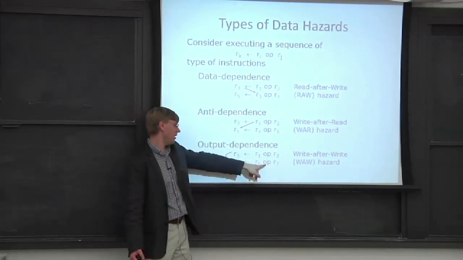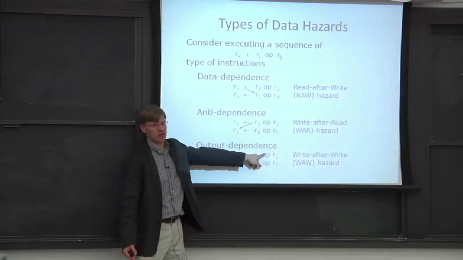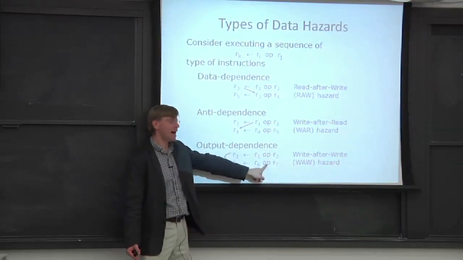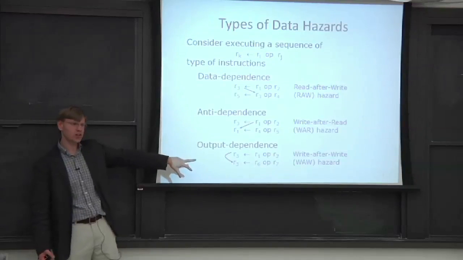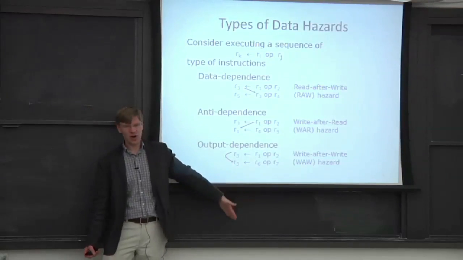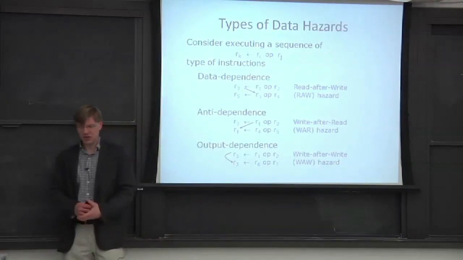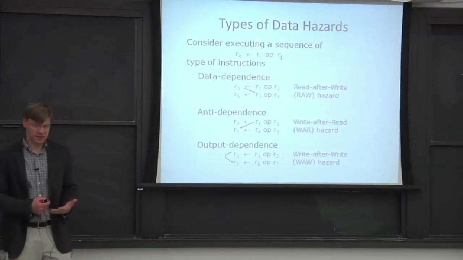Say this instruction here is a long latency operation, something like a multiply, and this is an add. We're going to call that a write after write dependency. We need to maintain the order here, so that this gets written first, and then this gets written. Because if you interchange those two results, the next thing that goes to read R3 is going to get the wrong value. That's pretty important, and it's called an output dependence.